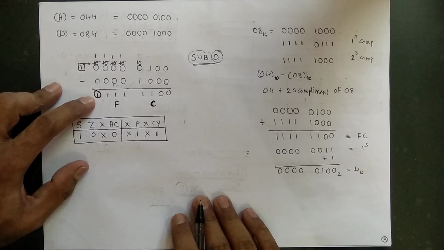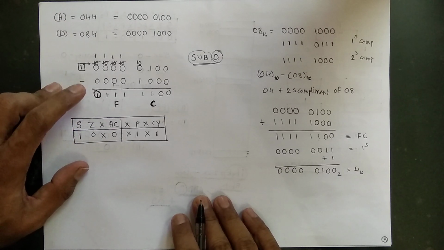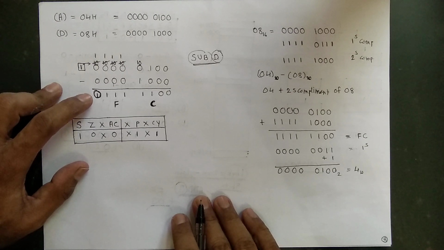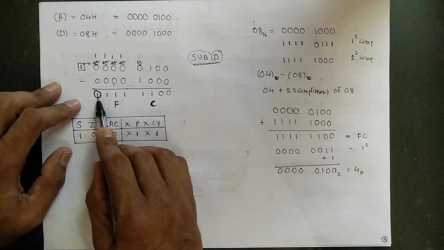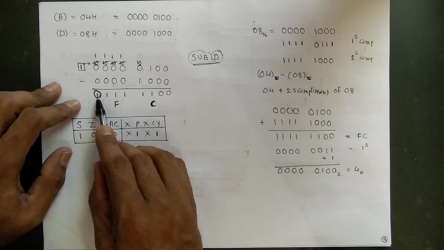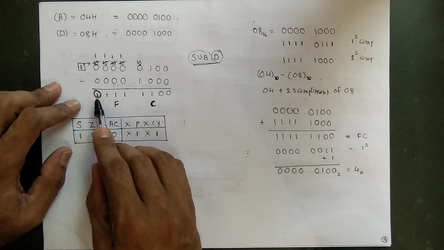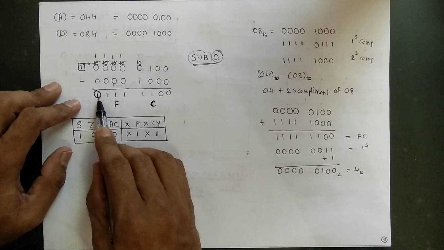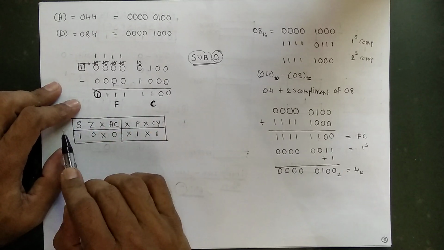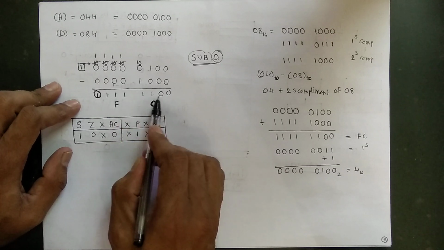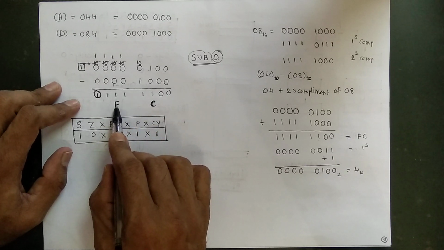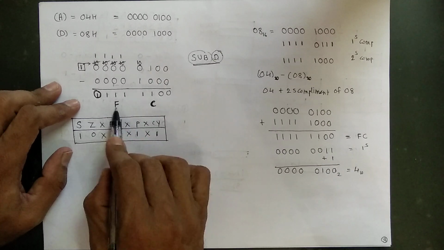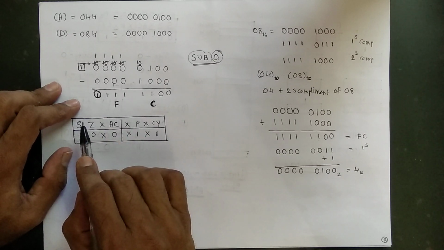After subtraction, if the most significant bit is having value 1, it means the answer is negative and in 2's complement form. This is the answer. To get the magnitude of the answer, you have to find out the 2's complement of this number FC. You will get the magnitude. That part I am going to explain.